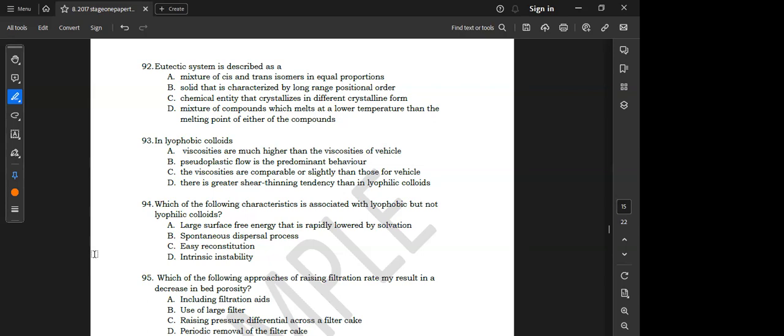So what are the definitions? Palestine is saying D. Maybe you could explain to us what this system is about. So what's this definition?